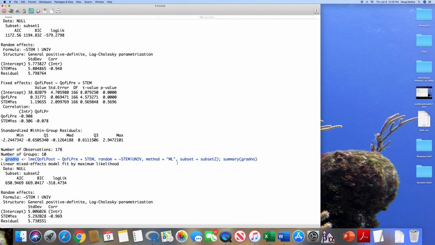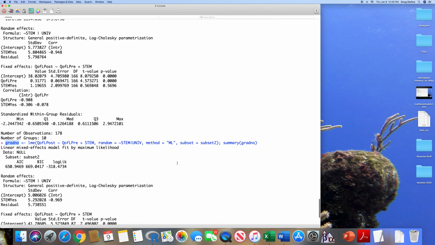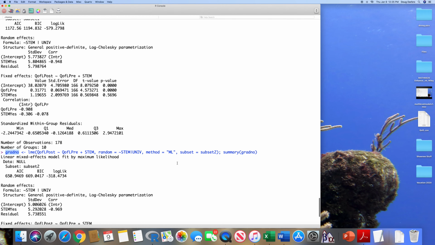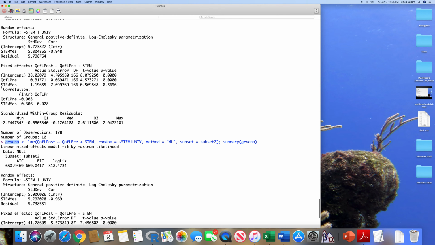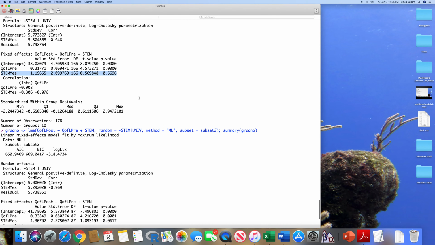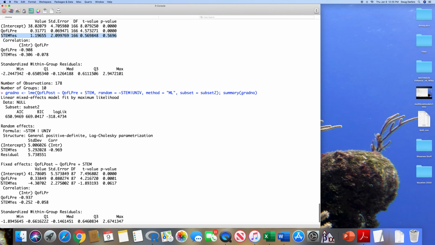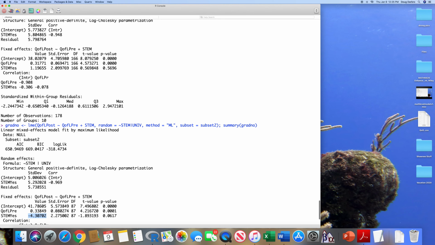Well, when I got this, I noticed that neither is statistically significant. P-value there about 0.6. Almost statistically significant, and again, close enough to 0.05 that it got my attention. But the thing that jumps off the screen to me is that the slope for STEM is negative here, and up here we have a positive slope.